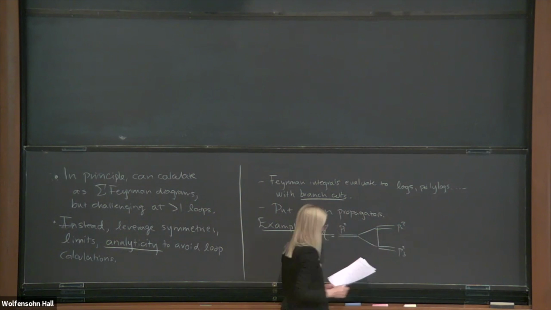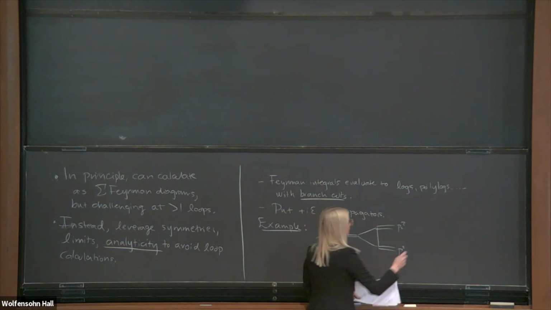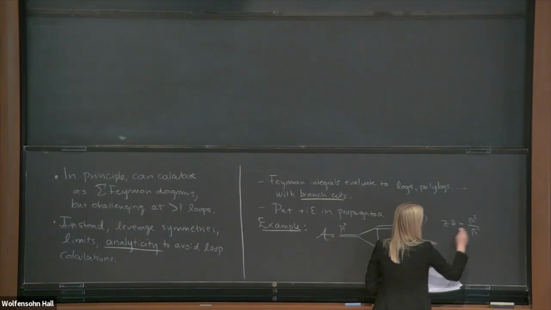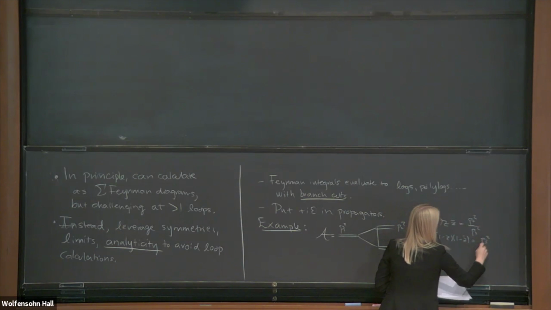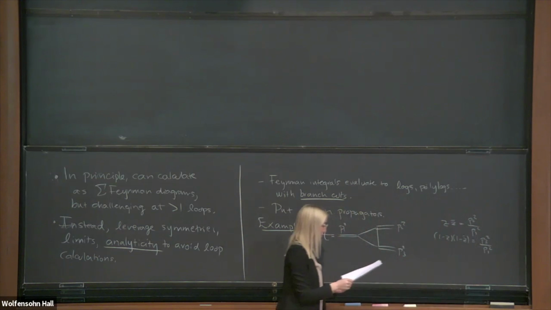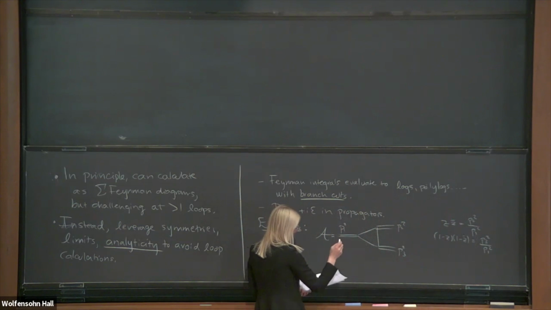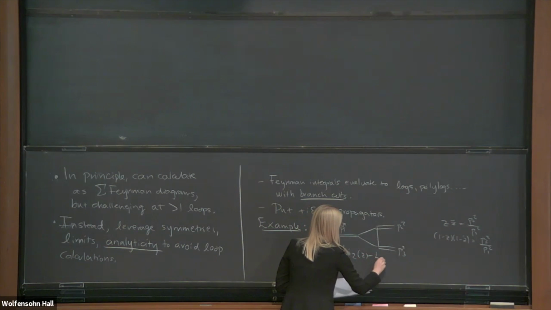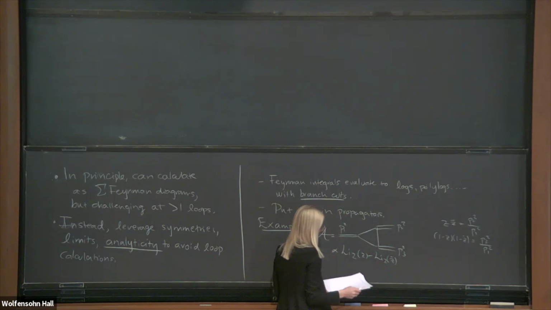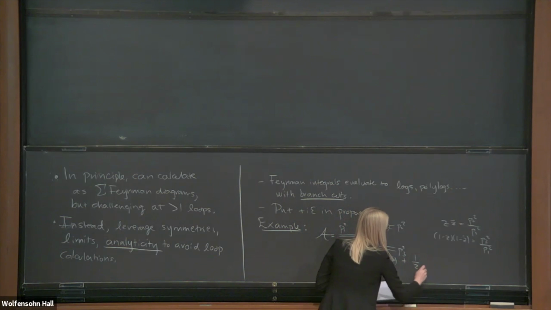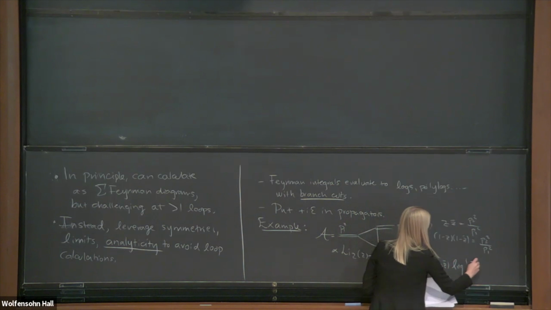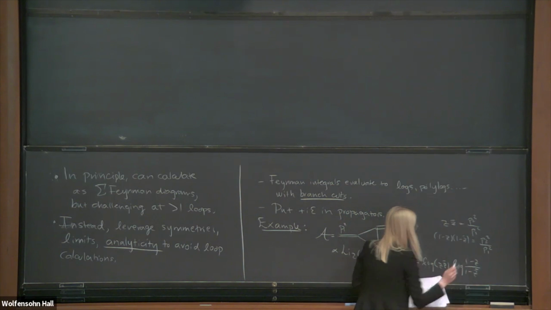With Mandelstams P1 squared, P2 squared, and P3 squared. And if we write the amplitude in terms of these variables, z and z bar, then we find that the amplitude is, let's say, proportional to Li2 of z, so the dilogarithm of z, minus the dilogarithm of z bar, plus 1/2 log z bar log of (1 minus z) over (1 minus z bar).